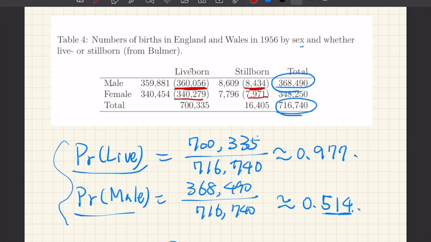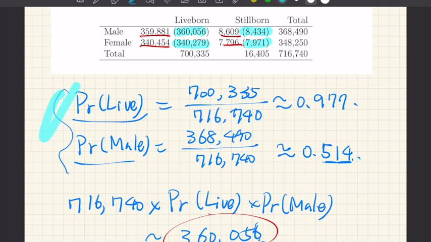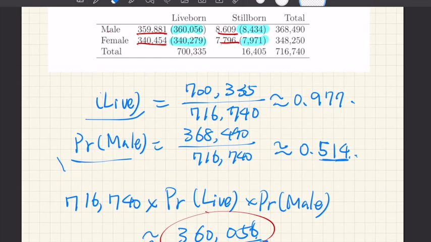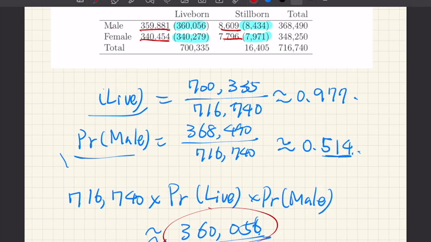So we want to compare these numbers with these theoretical numbers, where theoretical means we're assuming independence. That can be done by calculating the chi-square statistic.